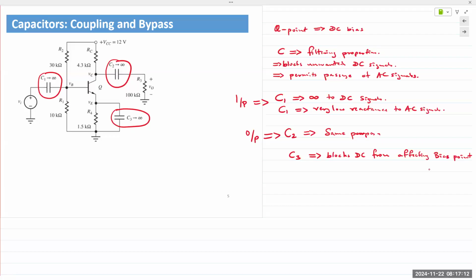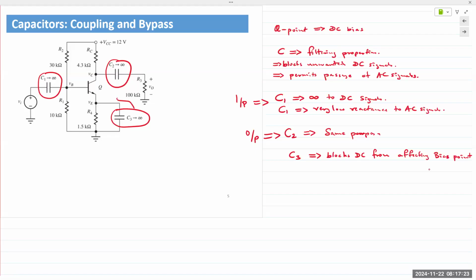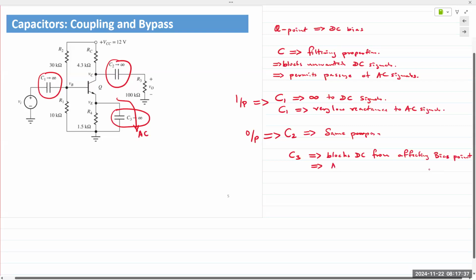And if there are any other unwanted AC signals coming through the emitter, they will not affect the bias point because they are being bypassed straight to ground. It provides a pathway for AC signals to ground.